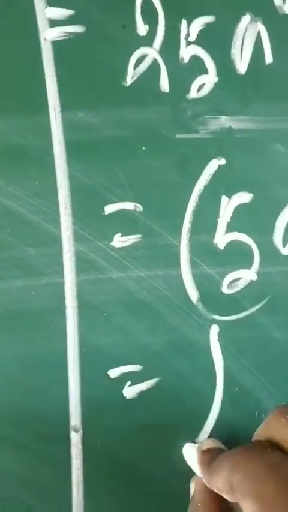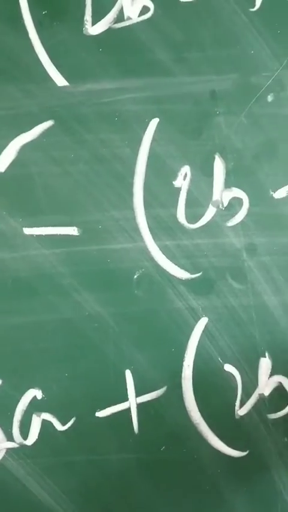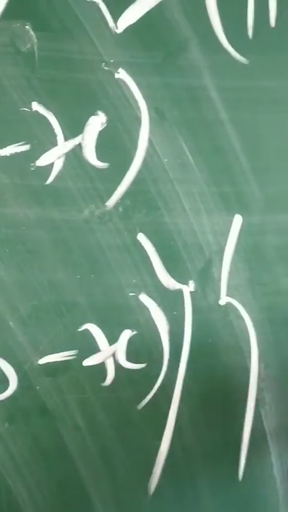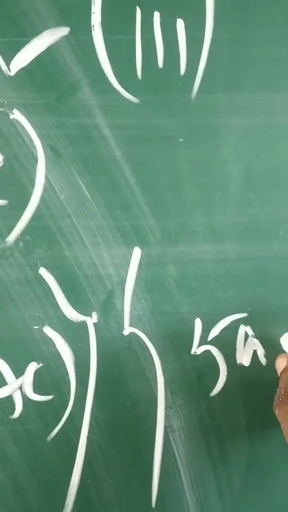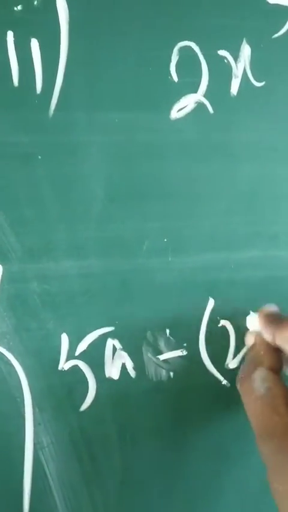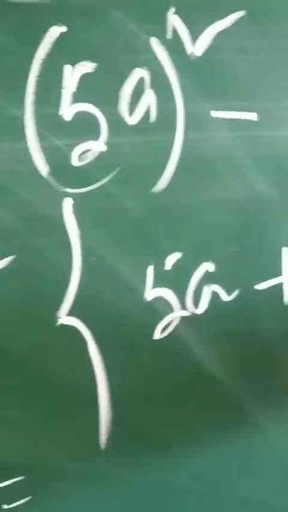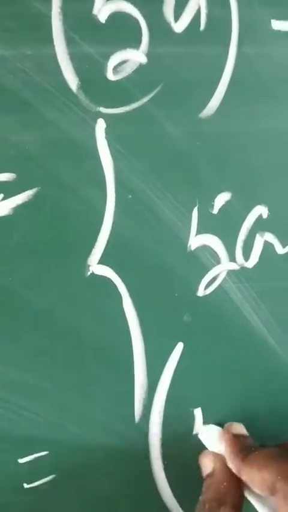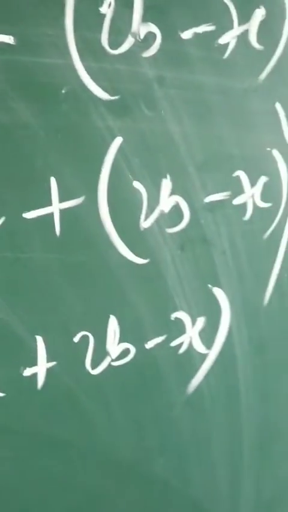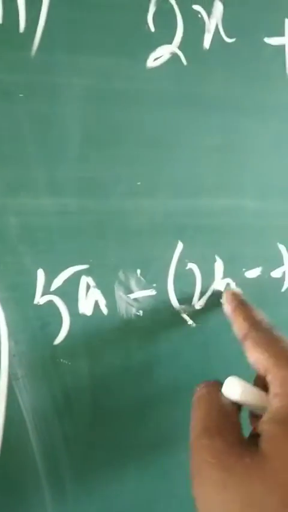That is, a is 5a plus b into a minus b. A, that is 5a, plus minus in bracket 2b minus 7c. Now we can write it into simplest form. 5a plus 2b minus 7c, and from here 5a minus will be multiplied with 2b.